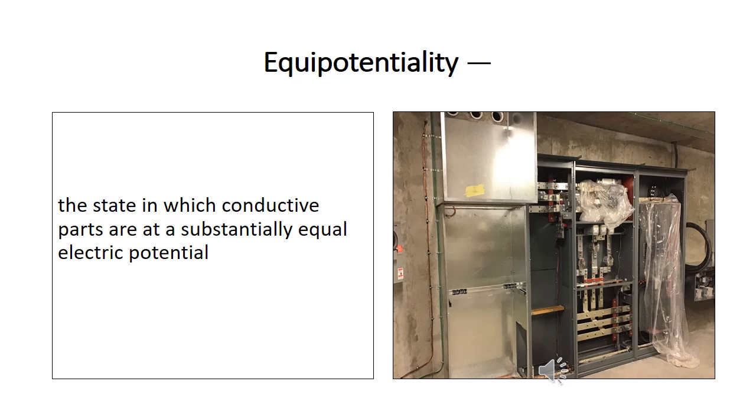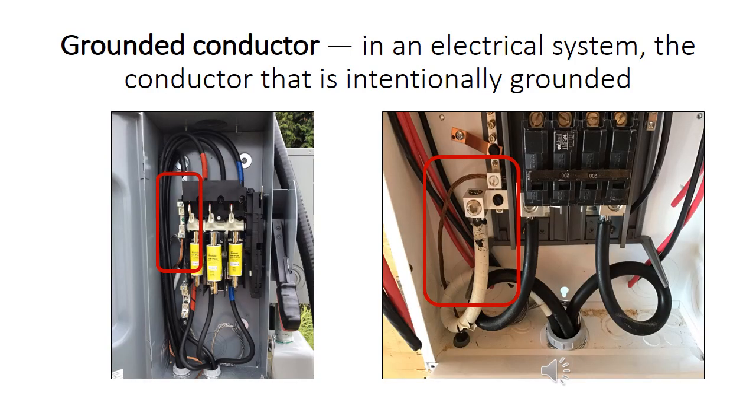Once all the equipment is bolted together, grounding and bonding completed, then equal potential will be established. Grounded conductor: in an electrical system, the conductor that is intentionally grounded. In these two examples, the identified neutral conductor is the grounded conductor.